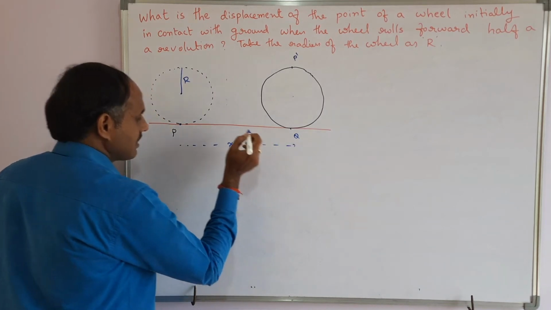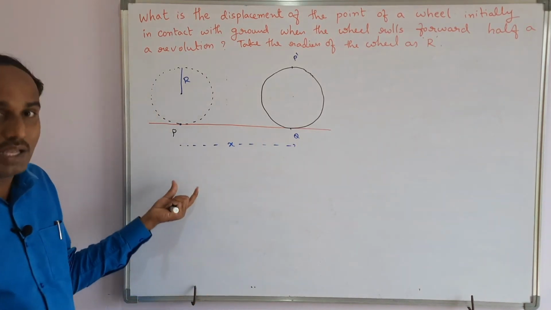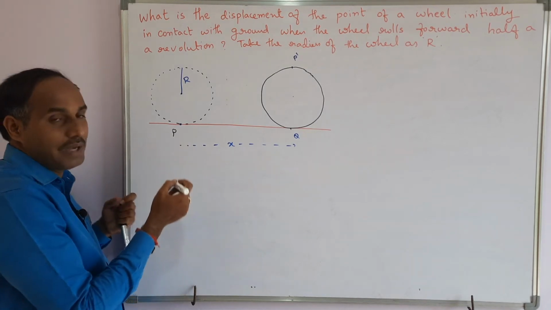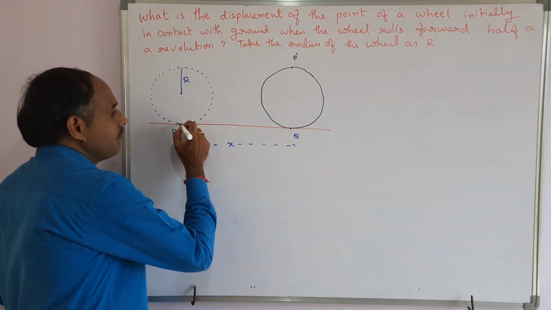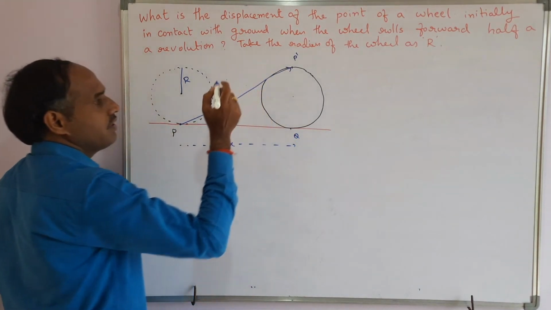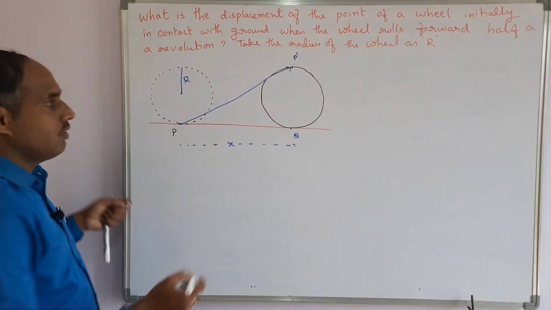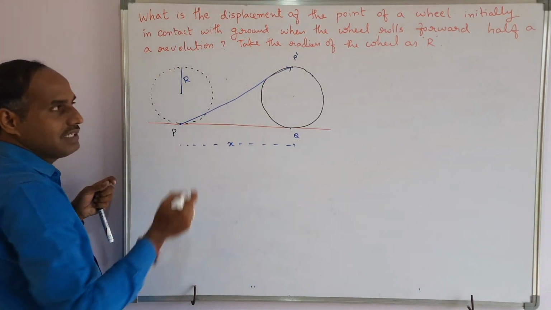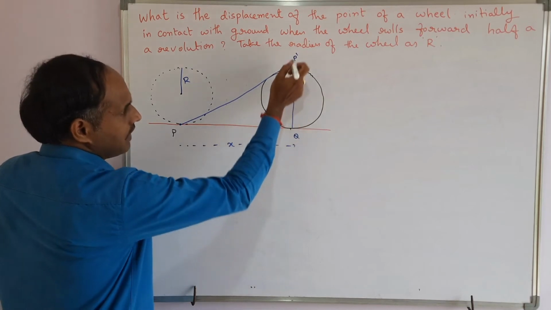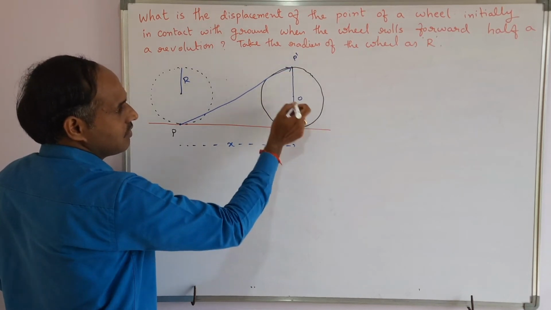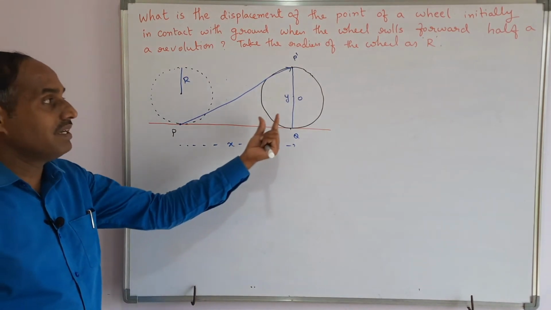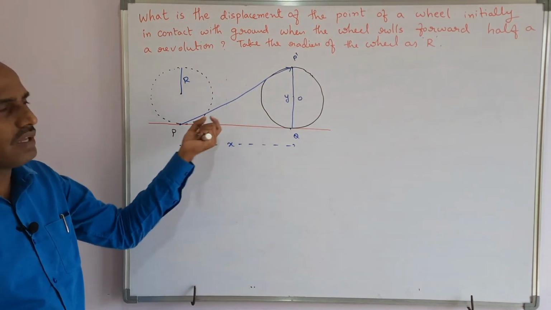This distance x is half the circumference, which is pi r, and the displacement is obtained by joining a line from the initial point to the final point. So P dash is the displacement. And when you join the point P dash to Q with the center, this is the vertical displacement y, and that y gives the diameter of this circle, or this roller or wheel.